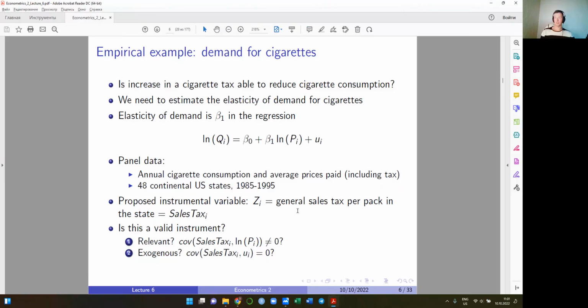Now the question is, your income, is this related to the sales tax? No, there is no covariance with this factor. What else? Prices of some substitutes. Well, if this is about sales tax for cigarettes, maybe this is not correlated because prices of other goods will not respond.